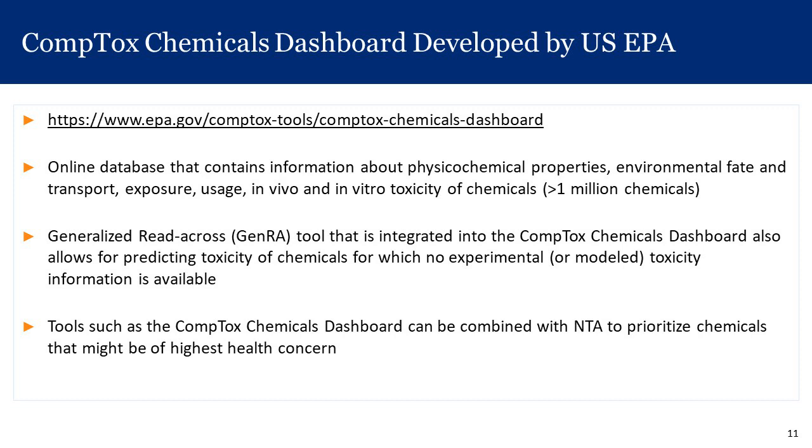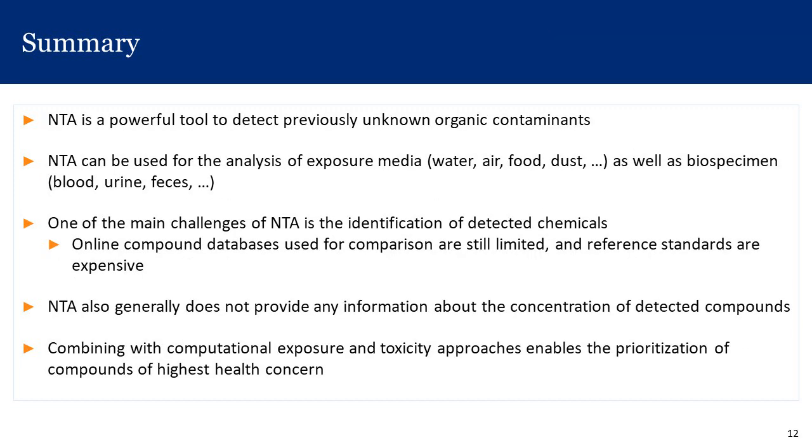And again, this is very powerful because if you combine this with non-target analysis, this can really help to prioritize chemicals that are of highest concern and that need to be further prioritized. In summary, I hope in this lecture I was able to demonstrate that non-target analysis, or NTA, is a very powerful tool that allows us to detect previously unknown organic contaminants in different environmental media as well as in biospecimen.